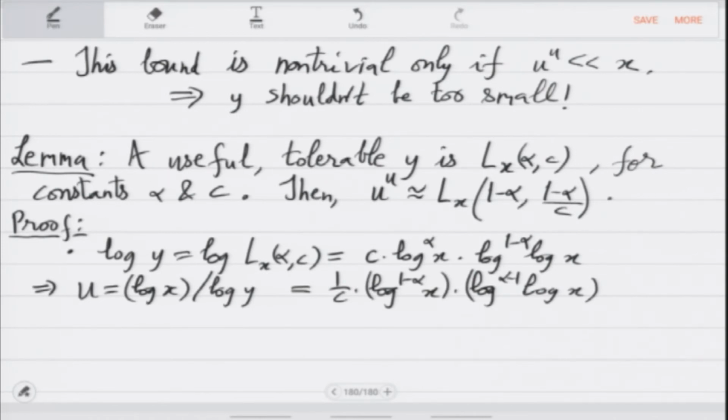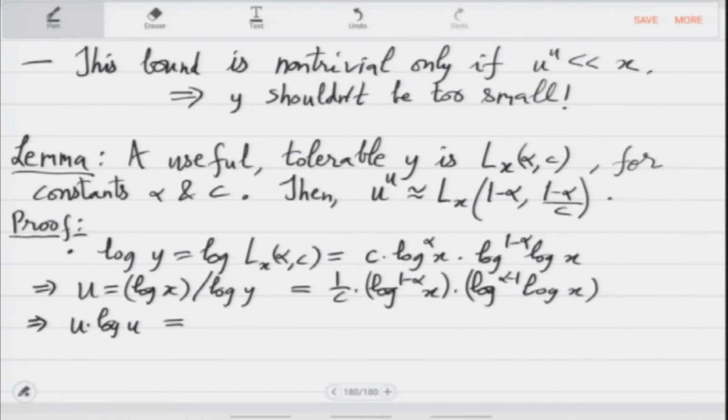What is u raised to u? Let's calculate u raised to u. To keep the calculation manageable, we'll work with u times log u.